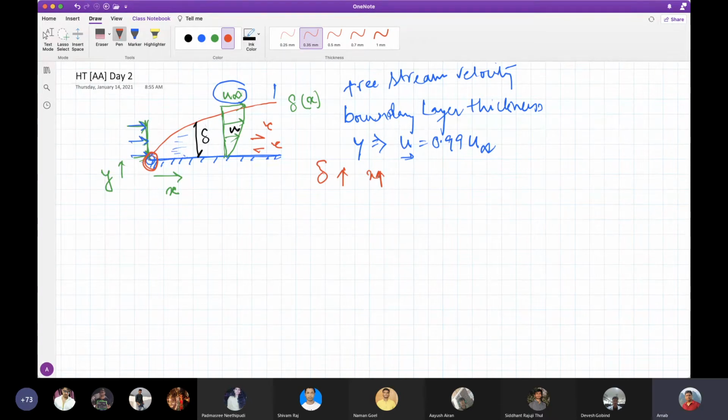Now, since this happens with the fluid velocity, this boundary layer is typically referred to as the velocity boundary layer, or we can also call it the hydrodynamic boundary layer.